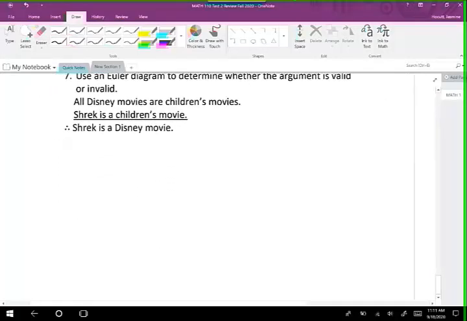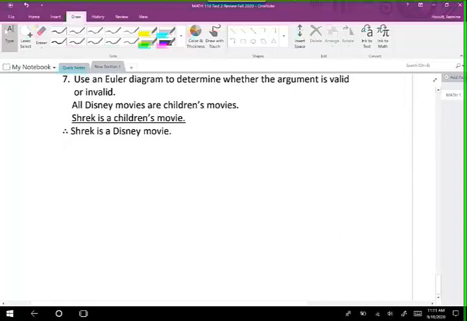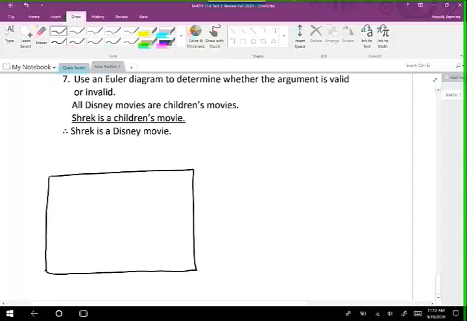All right, so I've just got one more question, and it's about the Euler diagrams, and we're going to determine whether this argument is valid or invalid. So we'll assume the first two sentences are true, and then see if that gives us a logical conclusion. So for these problems, we start out with a box, and then we draw some circles based on the sentences.